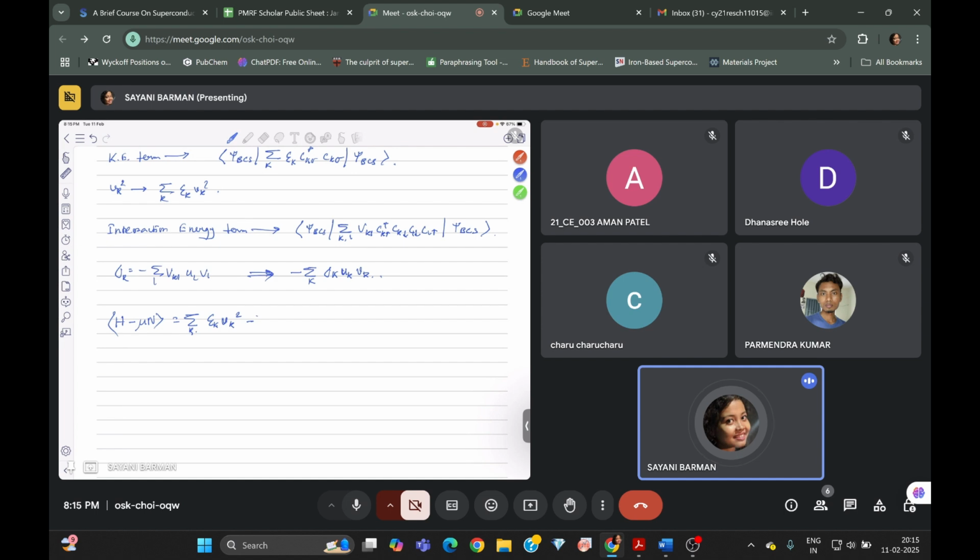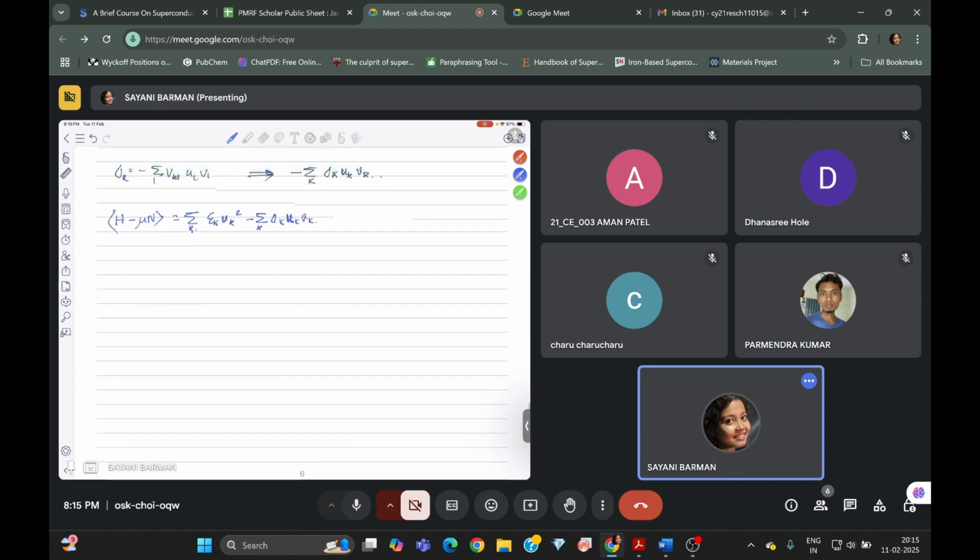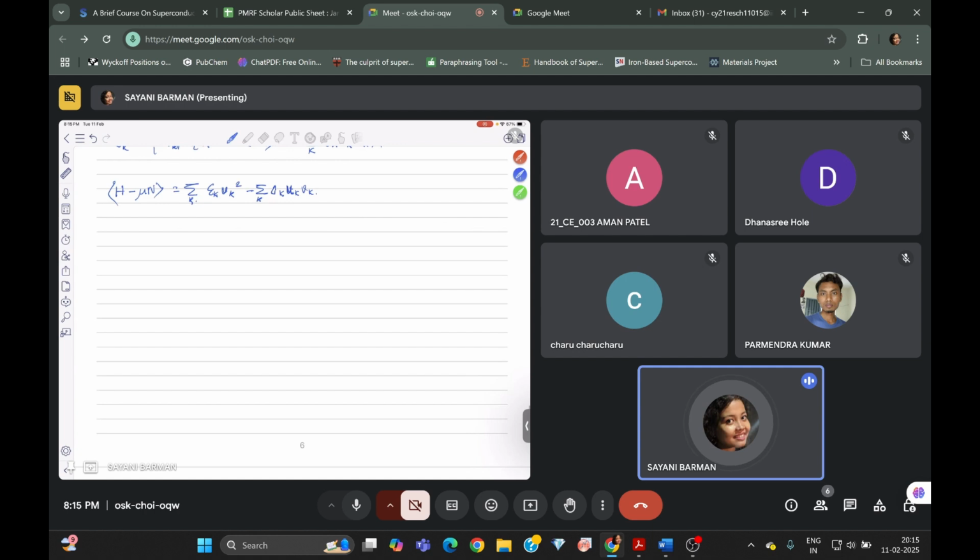VK square minus del K UK VK. Okay. This is the total one. Now expressing the terms in terms of theta. Now theta we already know how we describe it. U equals to sine theta and V is cos theta. Now the same thing I'll write.